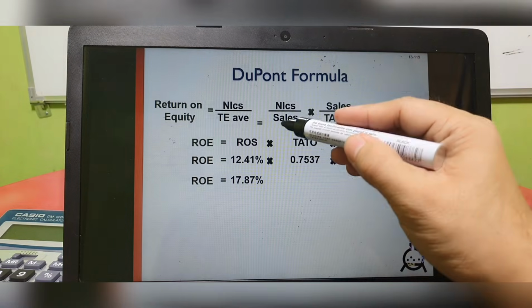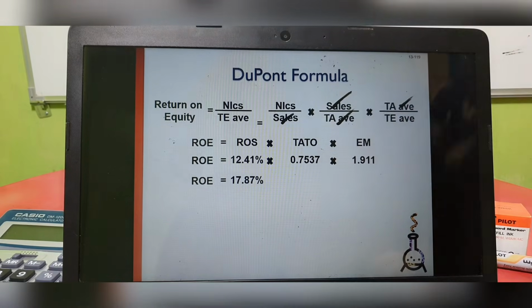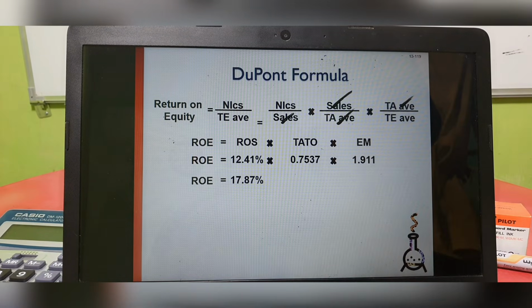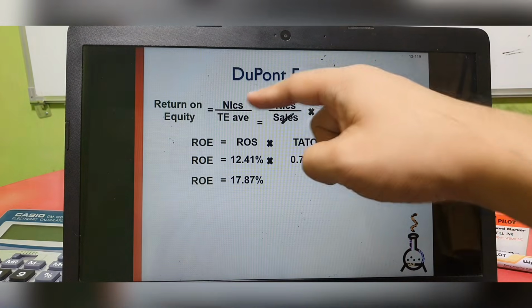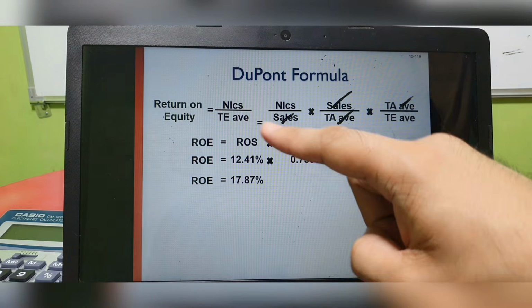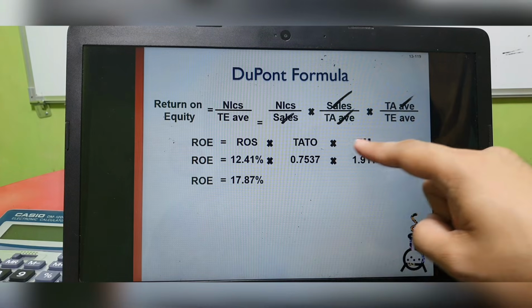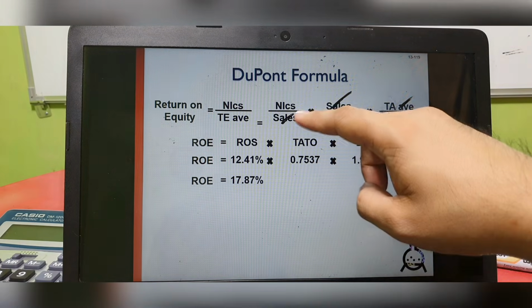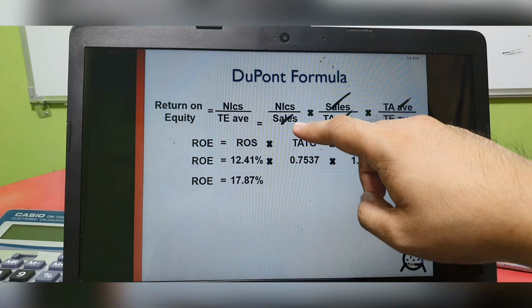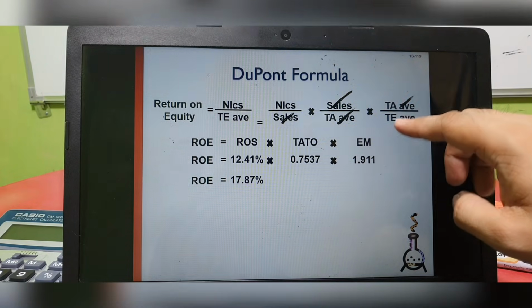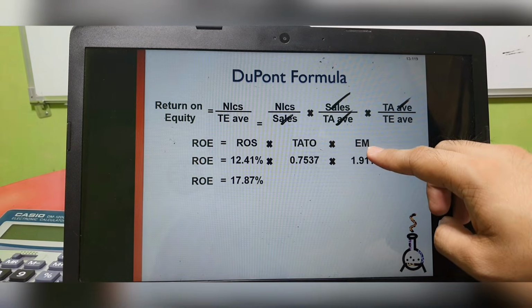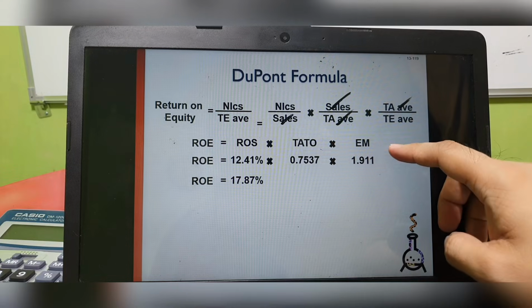So, kapag nag-eliminate ka ng mga yan, you will always go back to NICS over TE average. Kaya minsan, kung walang NICS, walang TE average, you just multiply all these three ratios. So, NICS over sales is ROS. Sales over TA average, turnover yan, total asset turnover. Oops, if you remember this one, this is your EM or equity multiplier.